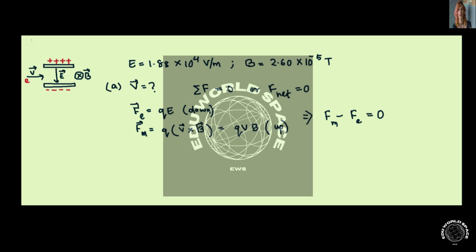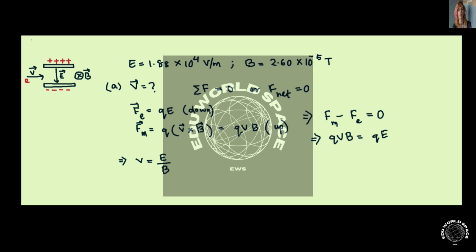So this implies QvB should be equal to QE, and this gives the velocity should be E over B. Now you can also use this equation, equation 27.1 in the textbook. It's already derived over there as well.